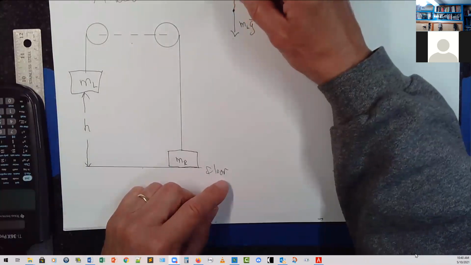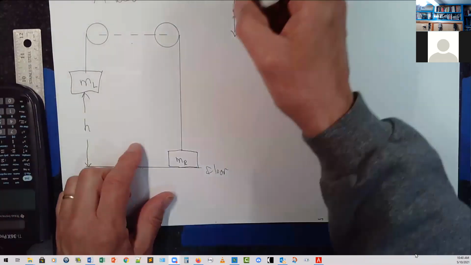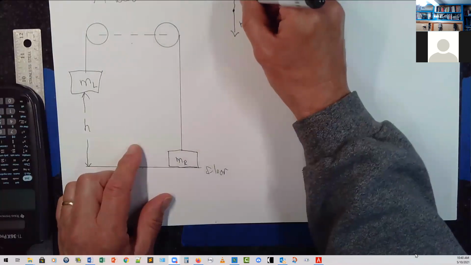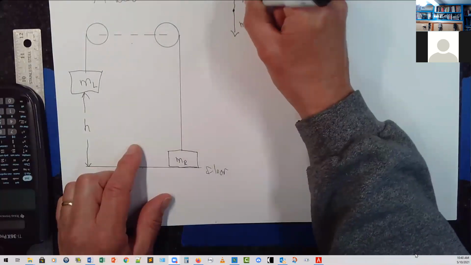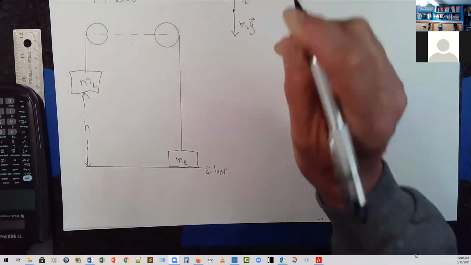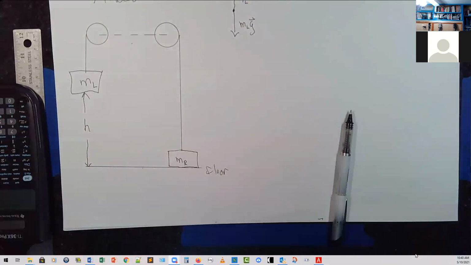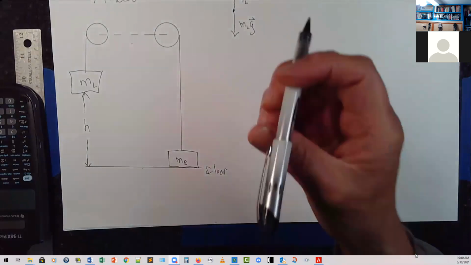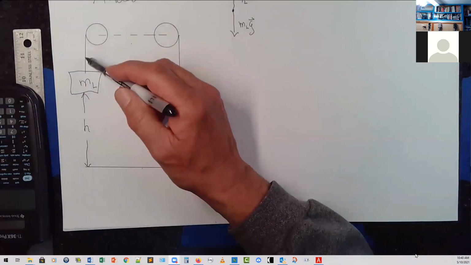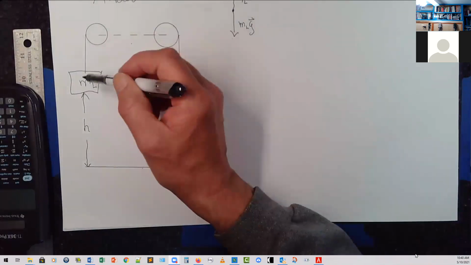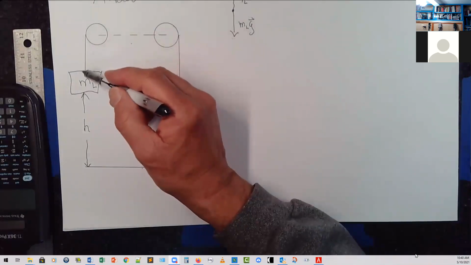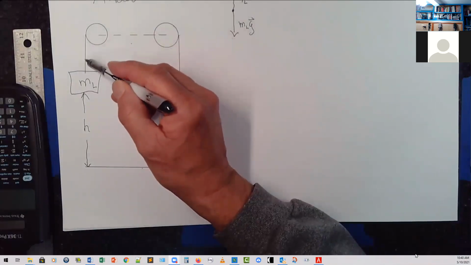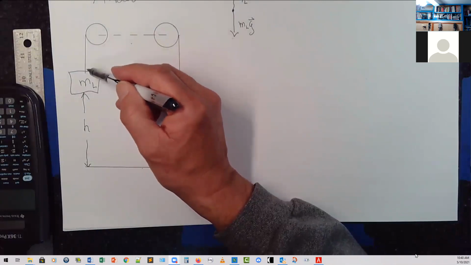Then it's got a string tied to it, and I'll call the string tension acting on it T sub L. This is one of our kinds of forces. It actually is due to the electromagnetic force. A piece of the string will loop under a little bit of the m sub l.